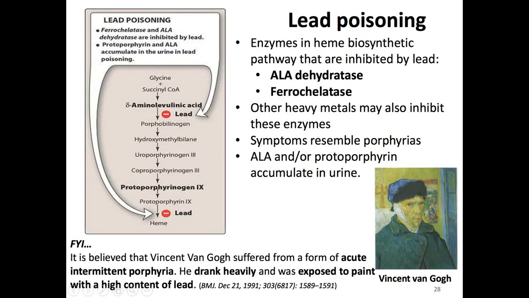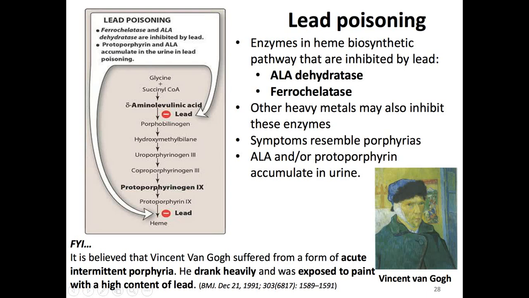Whenever a person is consuming lead, either through eating paints or drinking heavily or exposure to smoke or things that are high in lead, then this lead will halt the formation of heme at two steps. Ferrochelatase and ALA dehydratase are inhibited by the lead.